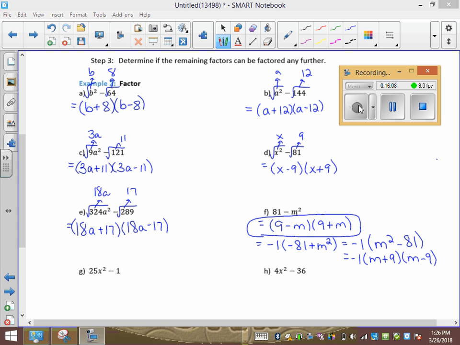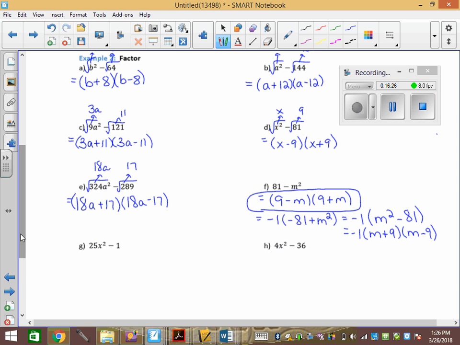It isn't in this case, but it might be if we need an m minus 9 in the denominator. Now, what happens if you factored it this way? Could we not have just taken a negative 1 out of this front term and it'd be m minus 9 to fix the issue? Could have done it that way too. Okay, this one, we're going to get 5x plus 1, 5x minus 1.